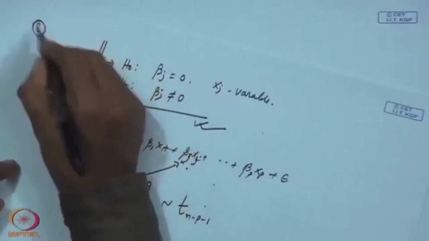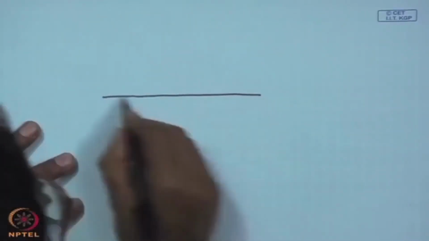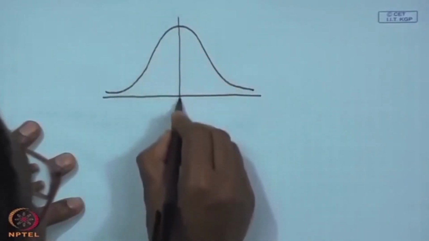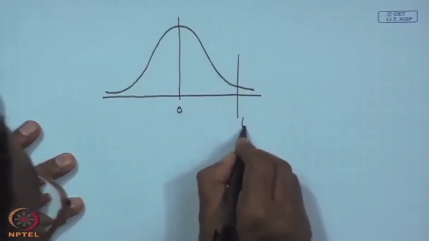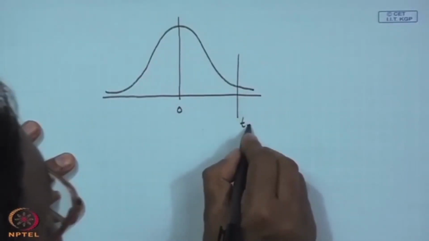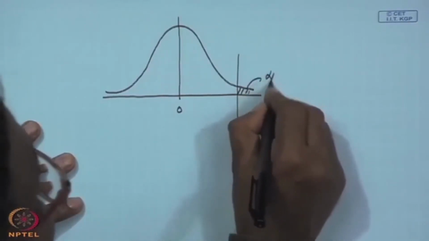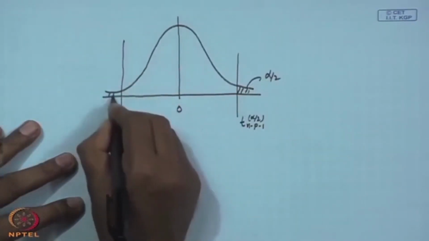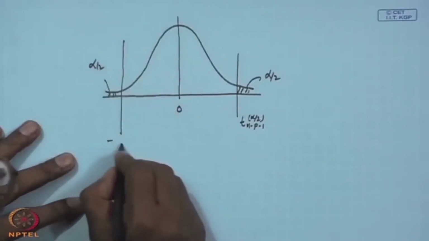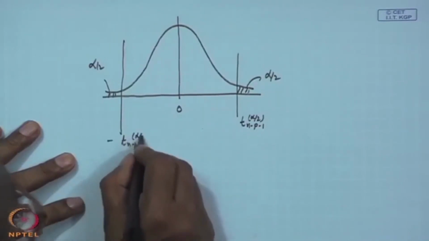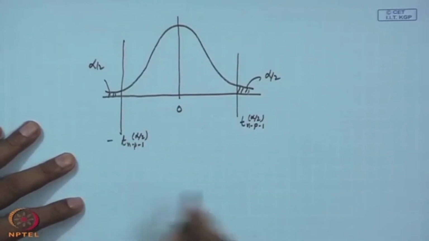So, if this is true, then we can write like this: this is my T distribution, this is 0, this one is t n minus p minus 1 alpha by 2, this side is alpha by 2, this side also alpha by 2, and this is minus t n minus p minus 1 alpha by 2, this value.